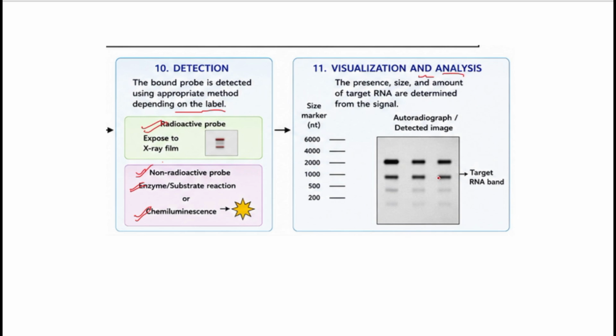We visualize where the probes are present. Here we can see the bands, and whether it is present in more amount or less amount. If we see a light band, that means the expression is low. If we see a bright band, that means the expression is more. In this way, northern blotting is used for RNA detection.